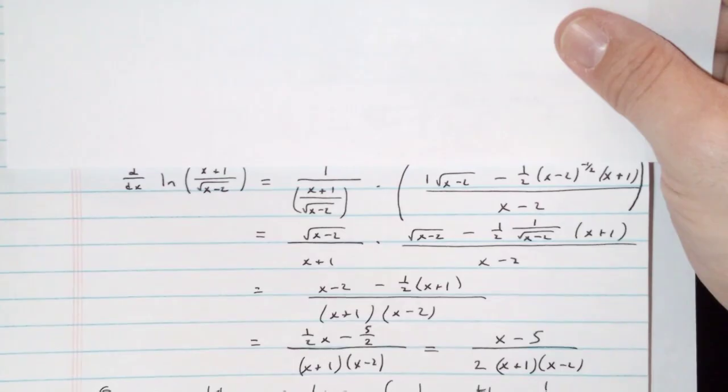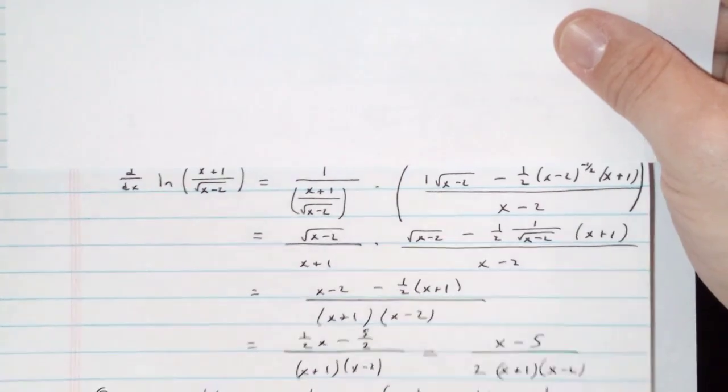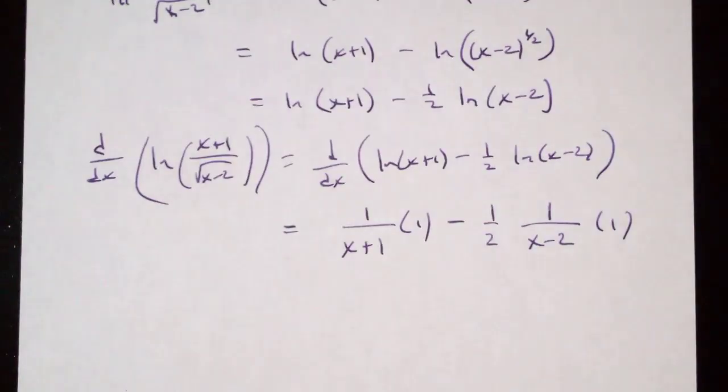It's just disgusting. Questions? Yeah, I'd leave it just like that and walk away. If you really wanted to, you could combine the fractions. I'm not sure it's worth it. Common denominator and all that junk, I wouldn't do it.